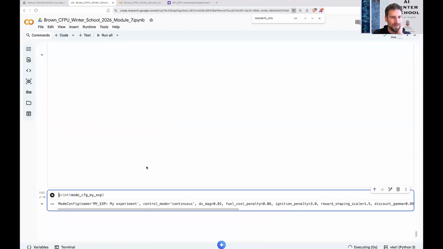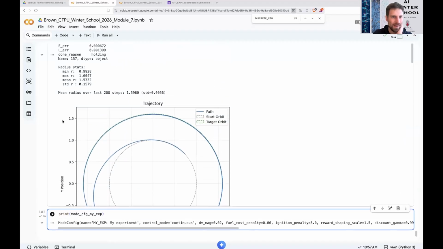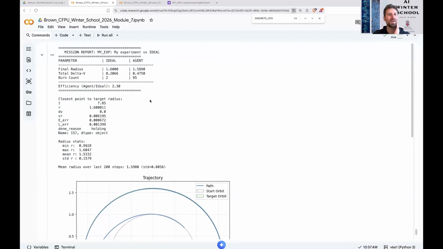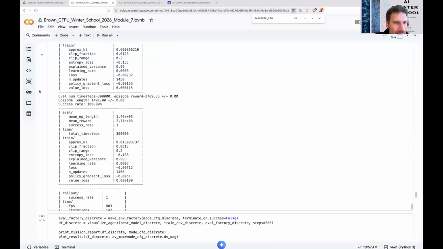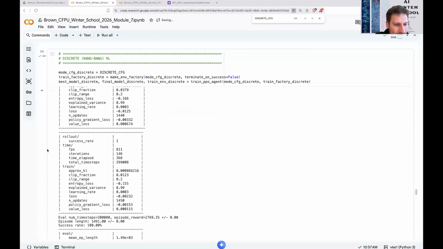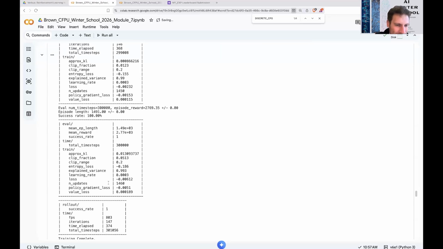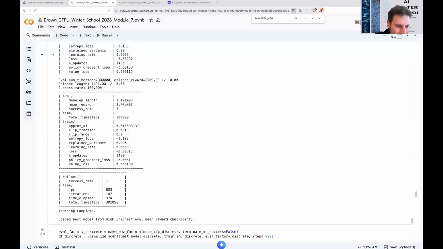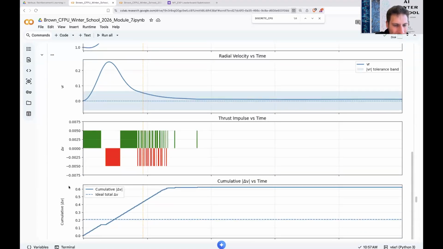Okay, so I just made the plots. I got a 2.3 efficiency. Let's see how that compares to the original experiment one up here. And again, there's some randomness due to the non-deterministic nature of the run, so it's a little bit hard to compare one to one.